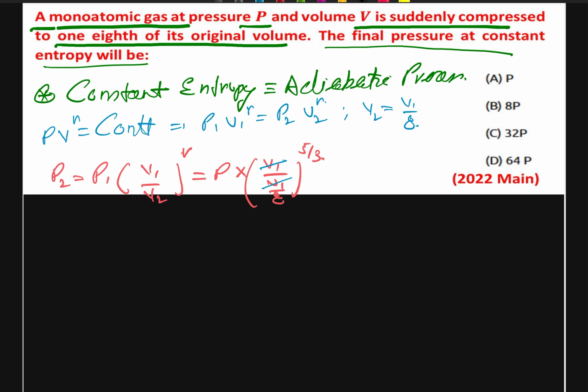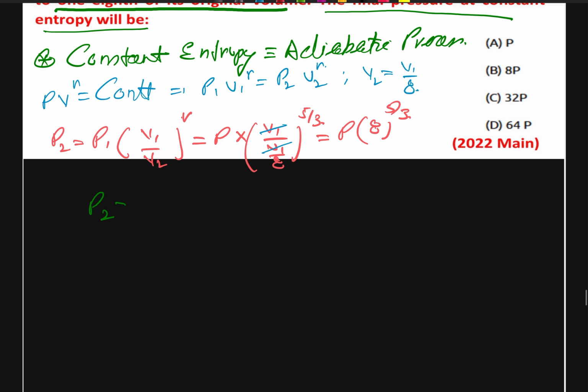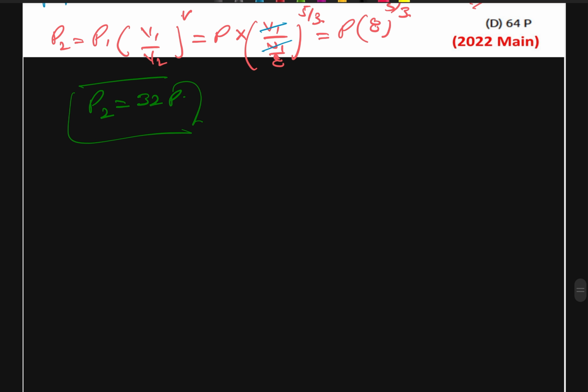V1 cancels out, so we get P times 8 raised to power 5 by 3. So this will be cube root of 8, which will be 2, and 2 raised to power 5 will be 32. So we get P2 equal to 32 times P. So option C is correct. Next question.